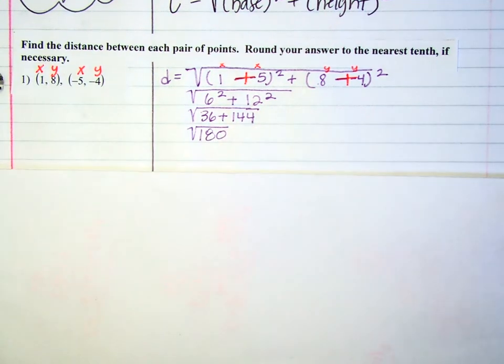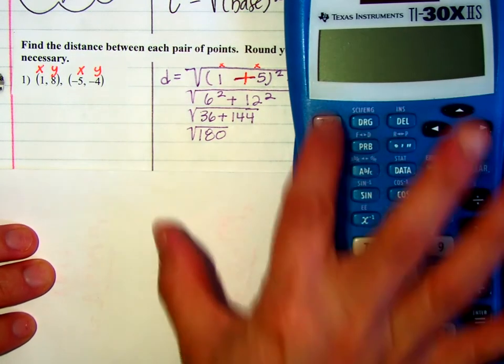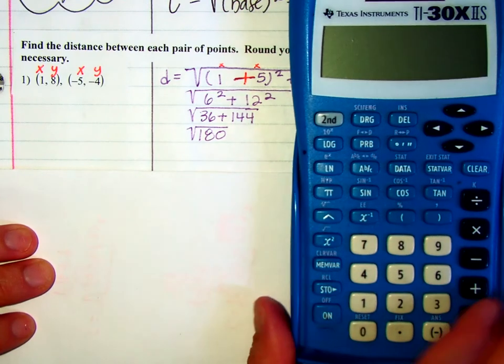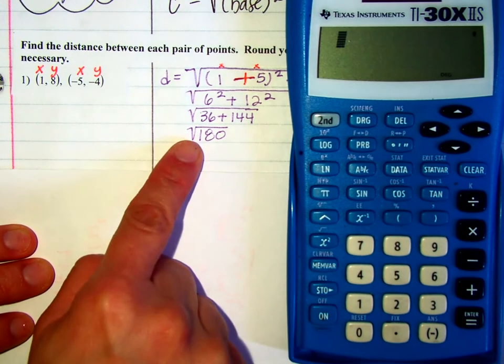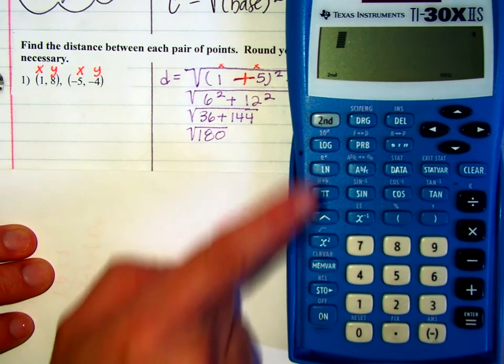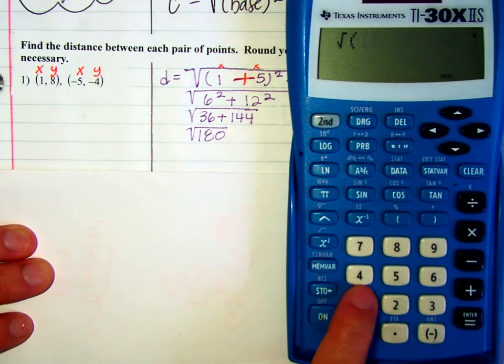When you get to this point, now grab your calculator if you haven't done so, and we're going to take the square root of 180. So I'm going to hit second x squared because that gives me my radical. And now I'm going to type in 180.